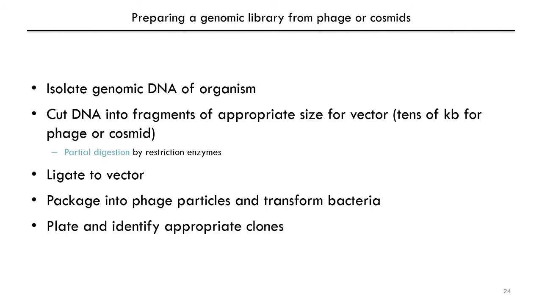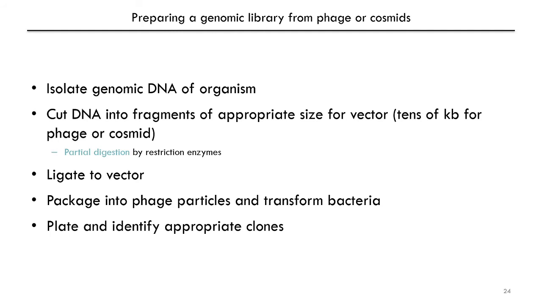If we have a random sequence, and we assume that each of the bases occurs with equal likelihood, there's a 1 over 4 to the power of 6 chance, a 1 in 4096 chance, that any 6 base pair sequence will match that recognition sequence. You would expect the restriction enzyme that recognizes that site to cut on average every 4096 bases, giving you fragments that are on average about 4 kb.